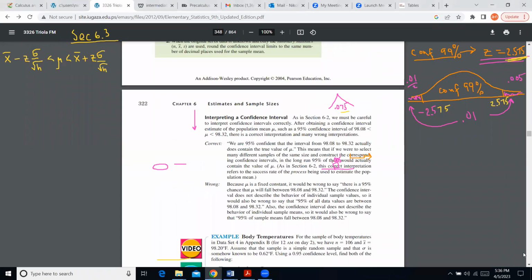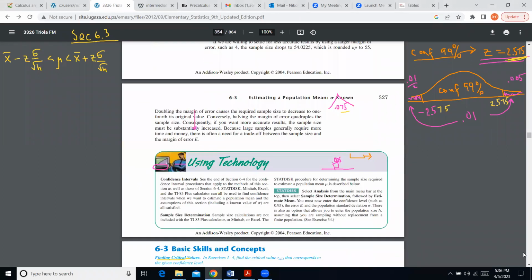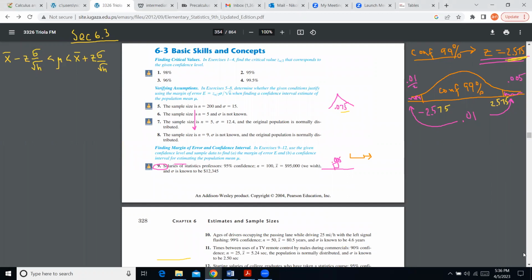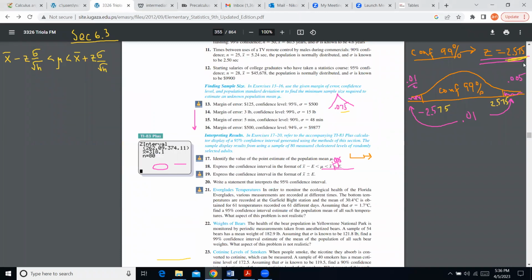We also have X bar here because we are trying to estimate the population mean by using the sample mean. So I guess all we need is just to take a look at the exercise and things will go pretty straightforward. So I'd like to take a look at the exercise that actually asks us to find the so-called confidence interval. And the exercises, I think, appear here on the page, starting with exercise number 11.